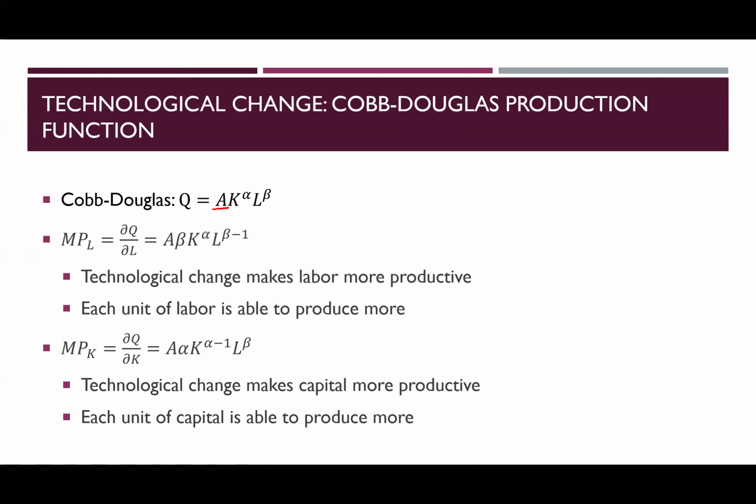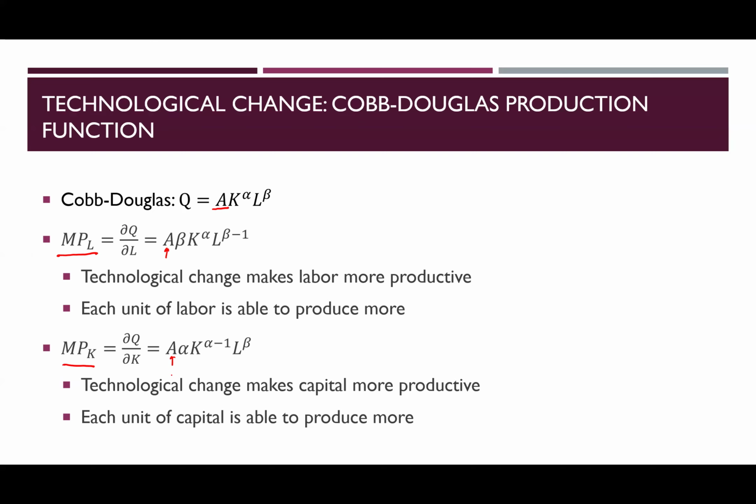So we have quantity of output equal to A times capital to the alpha times labor to the beta power. And you can see that as we find the marginal product of labor and the marginal product of capital, A remains unmodified. So it's just lifting up whatever productivity labor or capital has absent that technology.